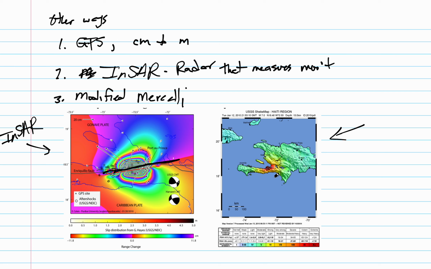The other picture here shows that in Haiti, there was an area of damage of red and then moving further away. And this is a scale of modified Mercalli, which is a map of, I guess you could say, destruction and human impact. Maybe it's a map of human suffering.